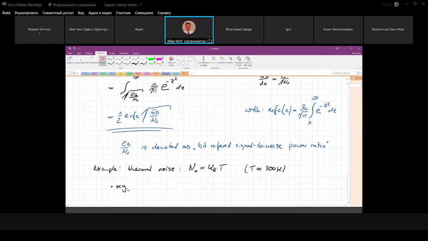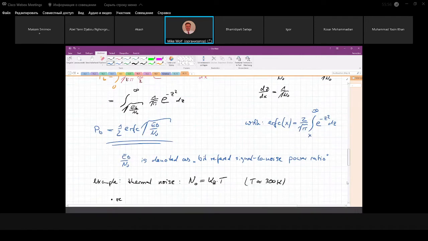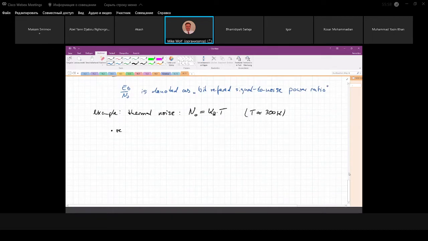So we require a certain Eb by N0 ratio for a certain bit error rate. Here we have the bit error rate, this is Pb. This is the bit error rate, let's say 10 to the minus 12, or 10 to the minus 3 if you use forward error correction.